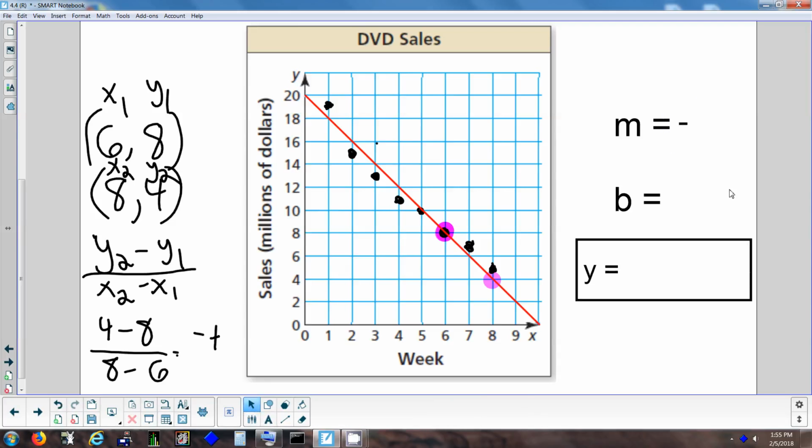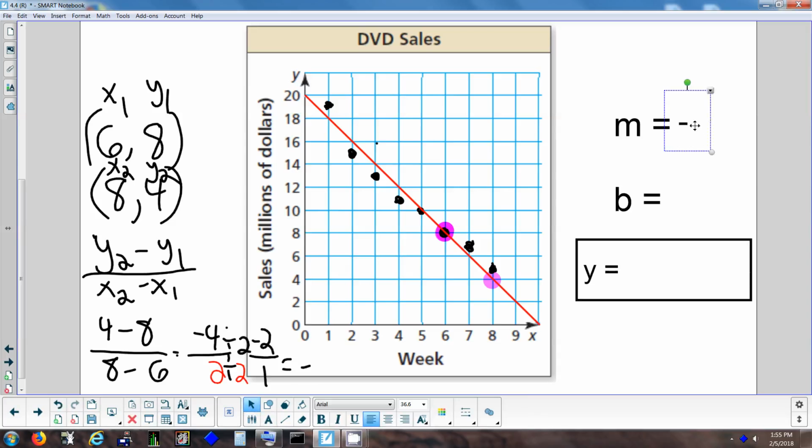Negative 4. On the bottom, 8 minus 6? 2. Now, simplify this. What goes into both? Savannah? 2 goes into both, right? So I can divide by 2, divide by 2. Savannah, when I do that, what do I get? -2. I don't even need the fraction, right? It's going to be -2 over 1, which is -2.